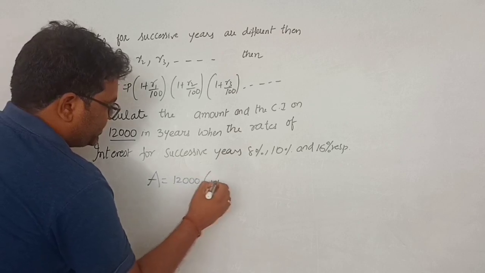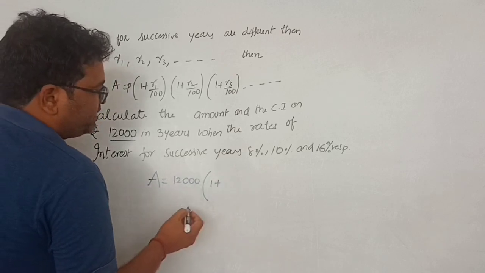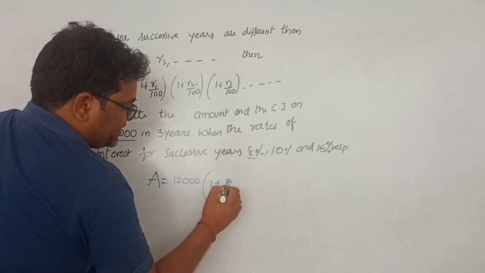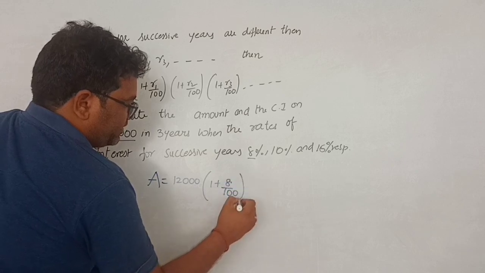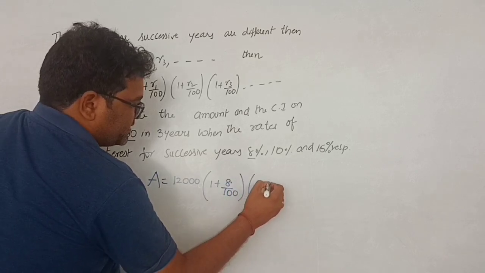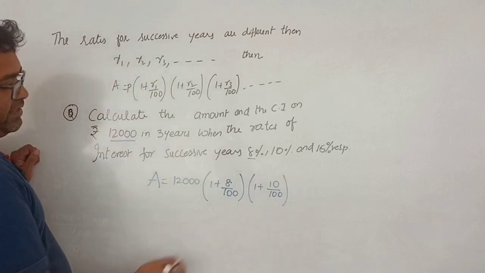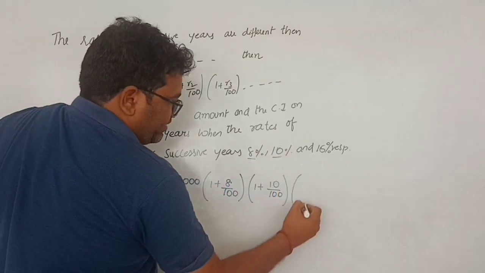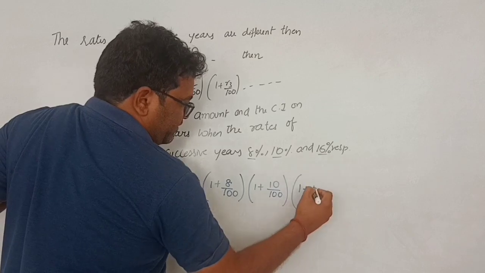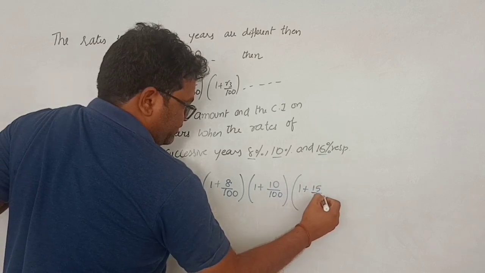Into 1 plus R1. R1 means 8%, that is 8 by 100, into 1 plus 10 by 100, that is the second successive year 10%, and 1 plus third year 15 by 100.